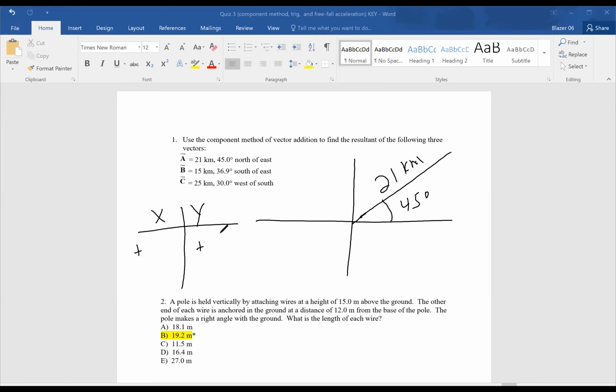Now you know that when you have a right triangle that's equal, if you recall from high school, this is your side, this is your side, and this is your hypotenuse, the hypotenuse is always equal to the square root of 2 times the side. And therefore, the side is always equal to the hypotenuse divided by the square root of 2. That will save you some time in the exam.